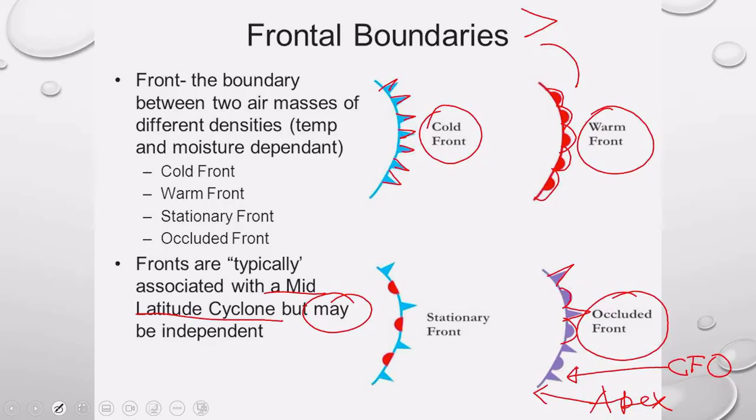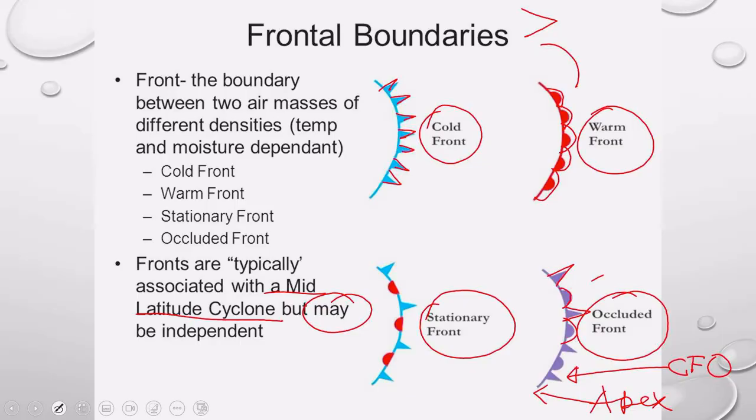What I want to highlight as well is that, please note that these symbols, as you can see here, are all on one side of the front, okay? Now let us take the stationary front. I'm very particular with language, although I don't mark English when I mark geography.